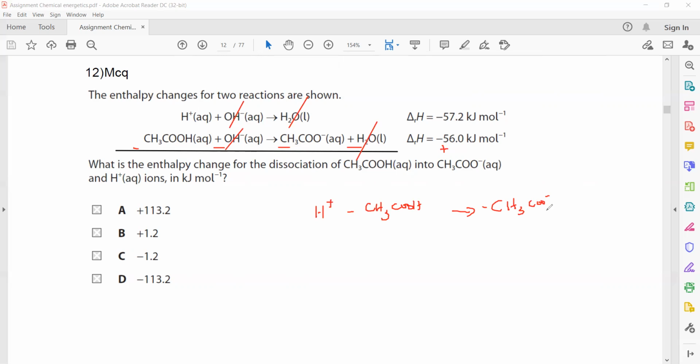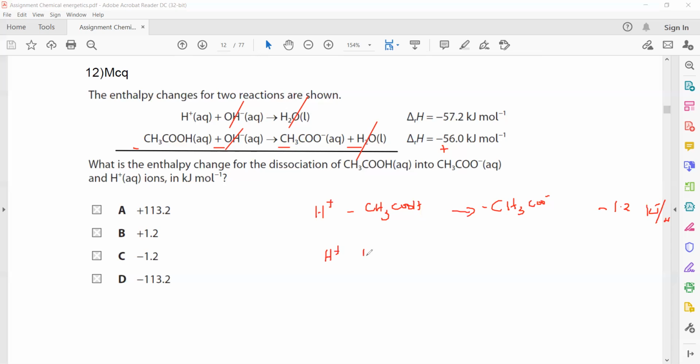And the overall energy, when we solve this, comes out as minus 1.2 kilojoule per mole. But this is not our desired equation. What is our desired equation? If we solve, this is negative, so it will move to the other side, and this is negative, so it will also move to the left hand side.